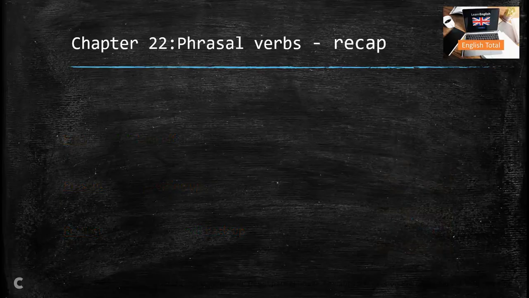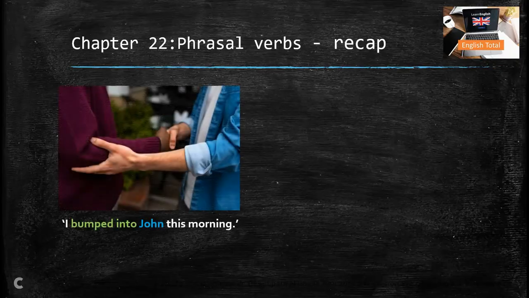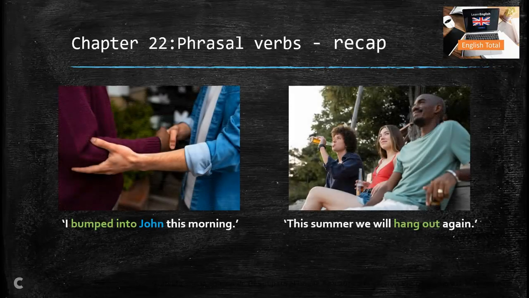Okay, time to recap. Today you have learned how phrasal verbs can be used in conversation. You have learned that there are two types of phrasal verbs: transitive, which require an object, and intransitive, which do not.